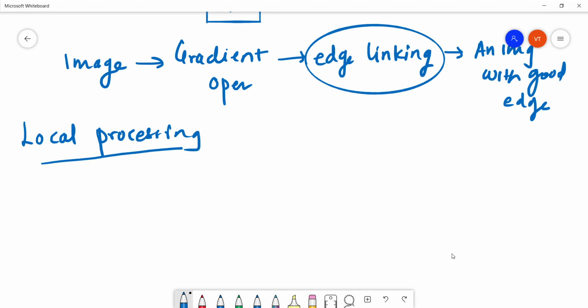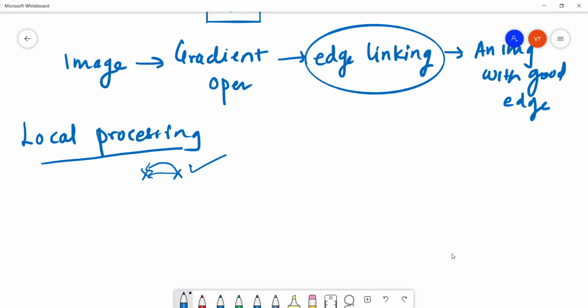So what we do here is we take, suppose this is a pixel. We want to find out whether the next pixel is linked to the previous pixel. How to find out that? There are two conditions. If these two conditions are satisfied by this pixel, then we can say that it is linked to the previous pixel. All the points which are connected are linked together using these edge linking algorithms.